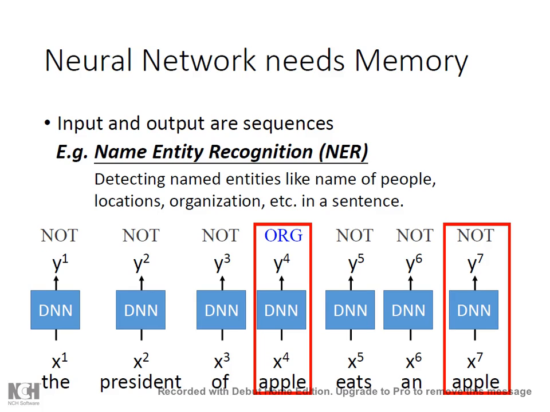So how do you do such a recognition? You need to refer to the previous input. You cannot just base it on this word alone to do named entity recognition. You have to determine it by its context.